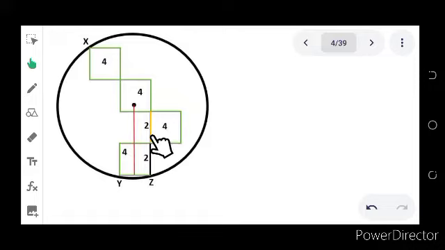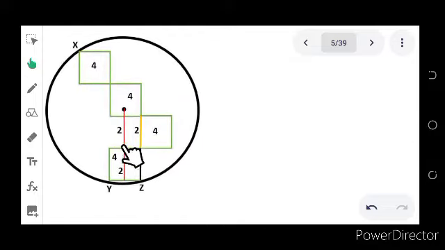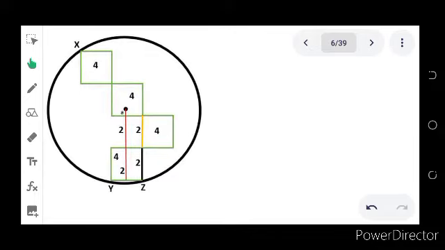Since this part is equal to this part, and this part is equal to this part, both of them will measure 2 units as well. Now you notice that we still have this small segment here. We don't have the measure, so let's just label it as A. Then we need to find the measure of this part here.